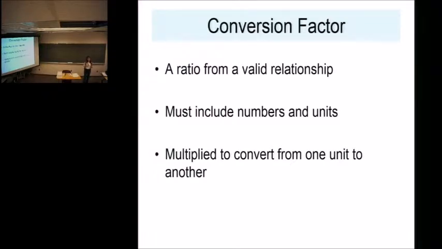Where does a conversion factor come from? It comes from true relationships, a true and valid relationship. What's a true and valid relationship? It's when you equate things together, they equal each other, and they have different units. For example, 1 foot equals how many inches? 12 inches, right? We know that. These are different units, but we know them to be equal. That's a true and valid relationship: 1 foot equals 12 inches. Give me some more. 1 inch is 2.54 centimeters.